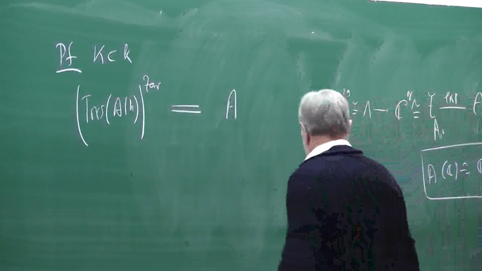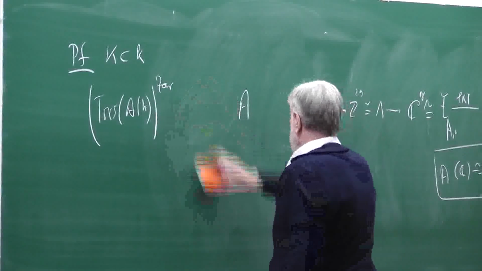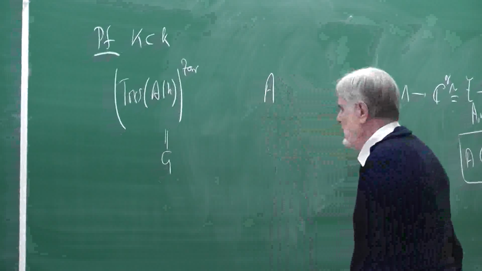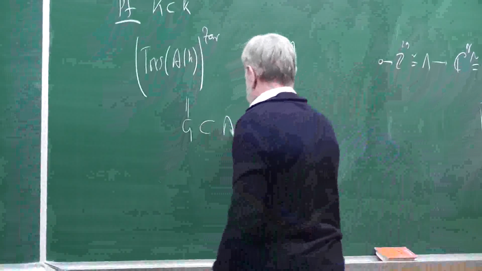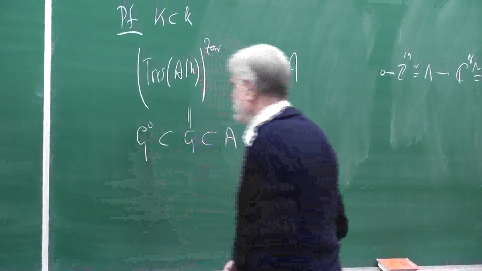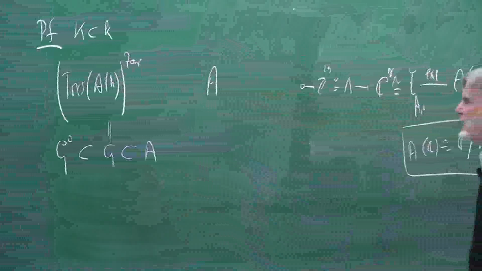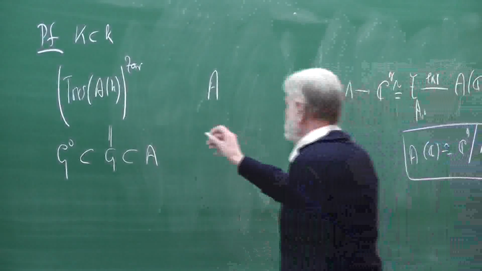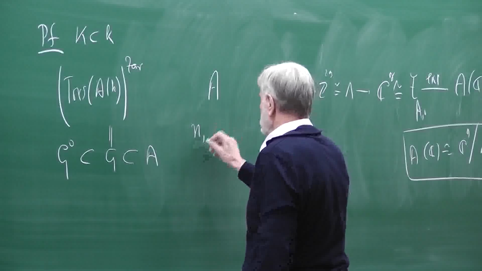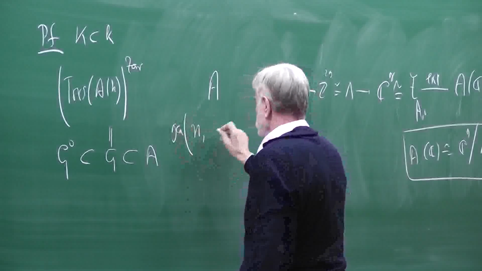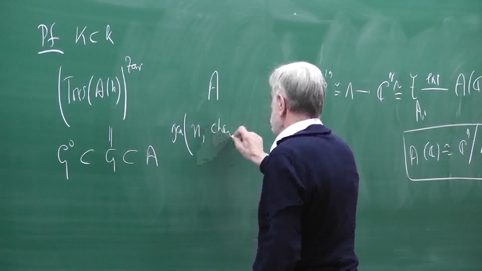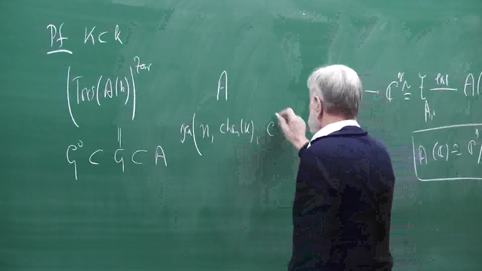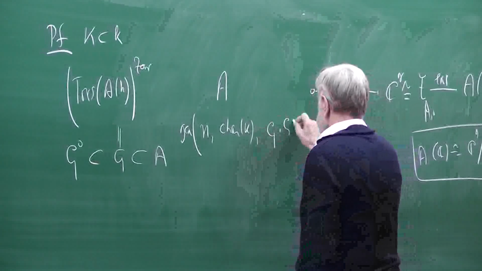And what's the proof? Well, I don't know this yet, so let's call this G. And this G sits in A, and it has a connected component of the identity, G0. And I can take an N which has greatest common divisor 1 with the characteristic of K, which might be p or 0, I don't care, and with what I call the index of G in G0.